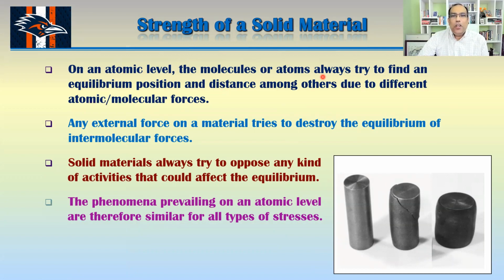So if there is any external force on the material that tries to destroy that equilibrium, then the intermolecular forces try to prevent that. Solid materials always try to oppose any kind of force, and that's basically the strength, how much force they can oppose. So these phenomena prevailing on an atomic level are therefore similar for all types of stress.